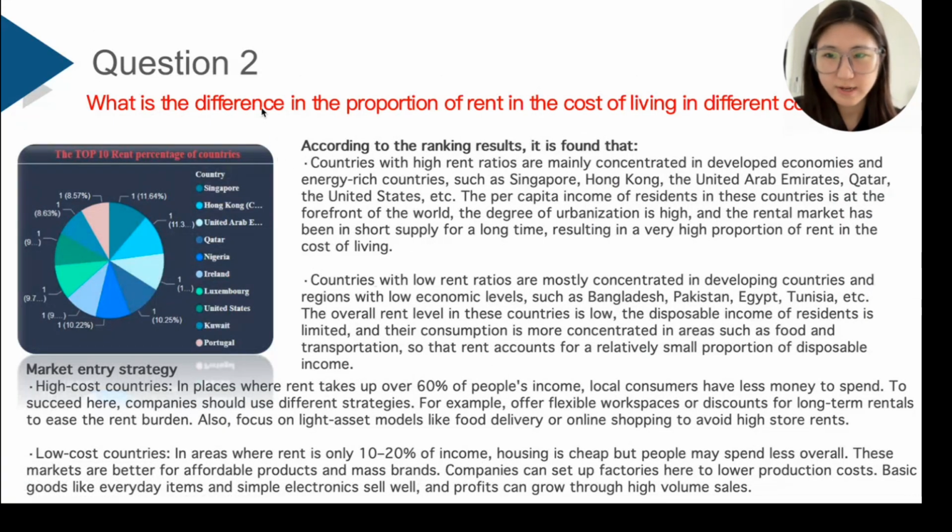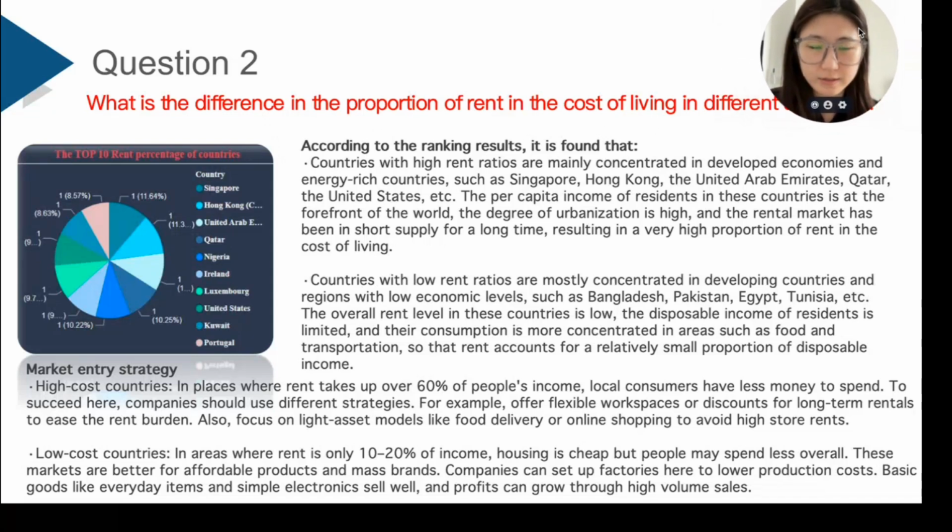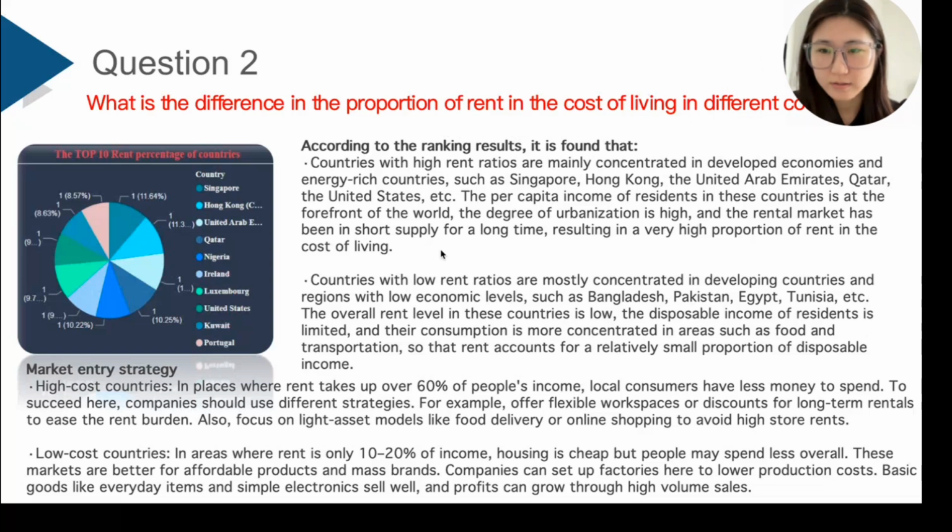And question two is, what is the difference in the proportion of rent in the cost of living in different countries? Looking at the pie chart, we can see that countries with high rent ratios are mainly concentrated in developed countries such as Hong Kong, Singapore, and the United States. The per capita income of residents in these countries is at the forefront of the world.